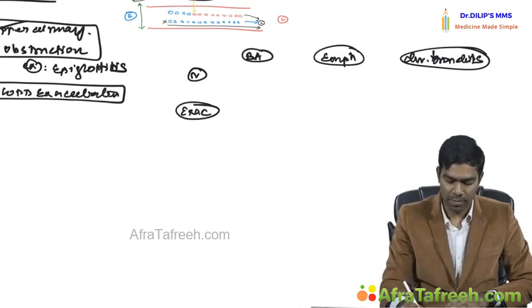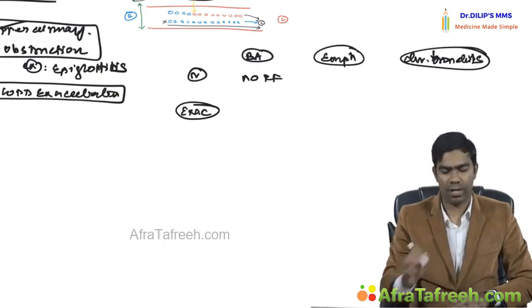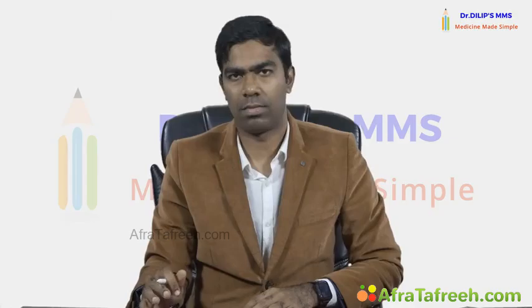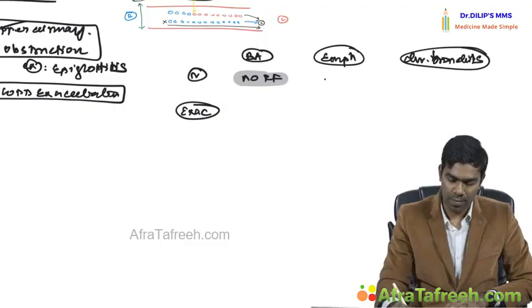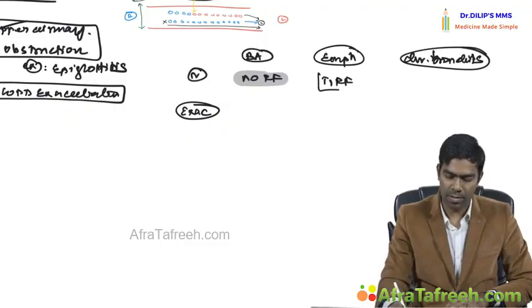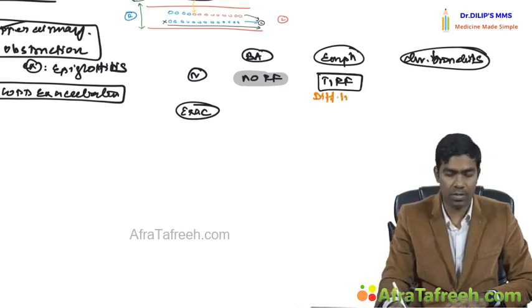So during normal times, chronic bronchitis will not have any respiratory failure. First of all, you have to understand that bronchial asthma will get respiratory failure only during acute attacks. Apart from that, you don't have any problem in bronchial asthma. Emphysema typically behaves like a type 1 respiratory failure because it's a very classical example of a diffusion limitation, which I have discussed already.